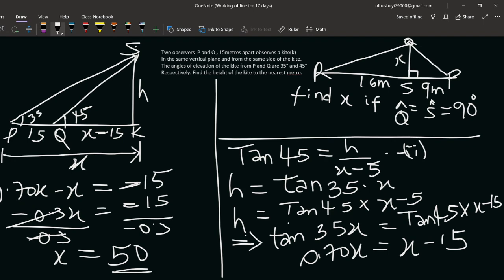So having gotten x, the minus cancels out the minus, and 15 divided by 0.3 is 50. Having gotten x here, we can get our h.